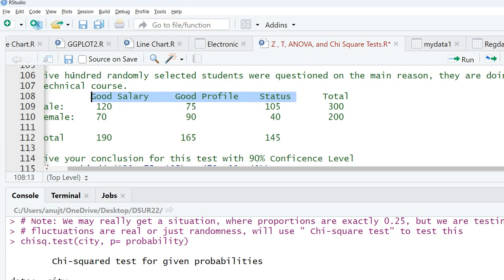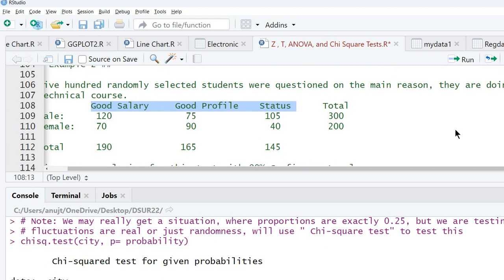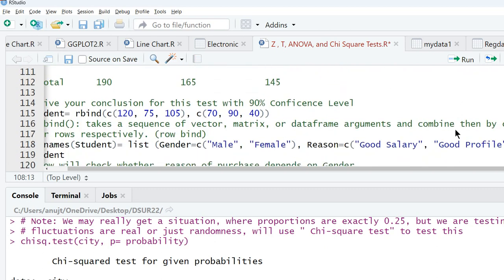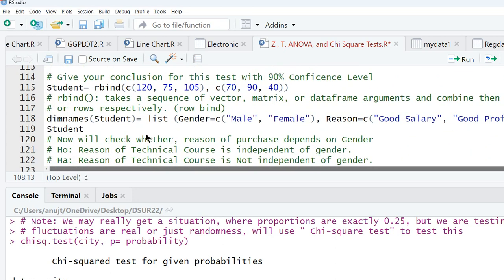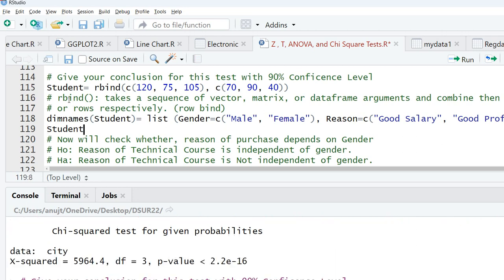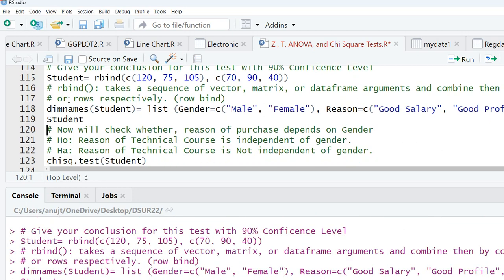Good salary, good profile, and status. If I run this and check what students holds, in the output the reasons are good salary, good profile and status, and the genders are male and female, and now my data came in this format. I have done this with the help of rbind and list.